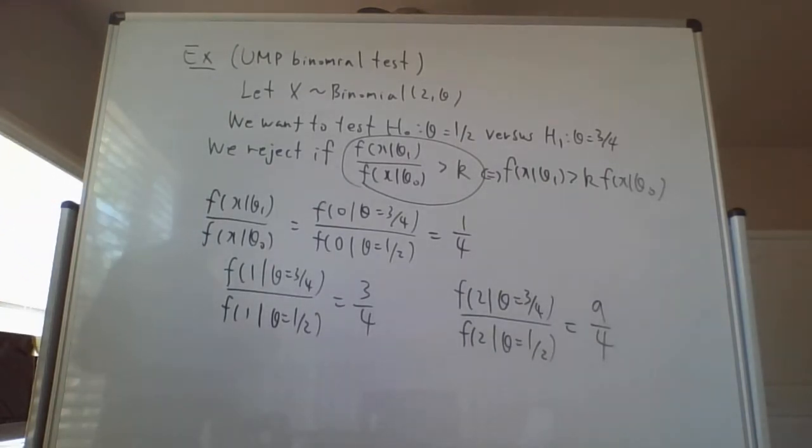When x equal to 1, the ratio is 3/4, and x equal to 2, the ratio is 9/4. So because we have 3 different values, then we can have 4 different tests, I mean for the UMP tests.